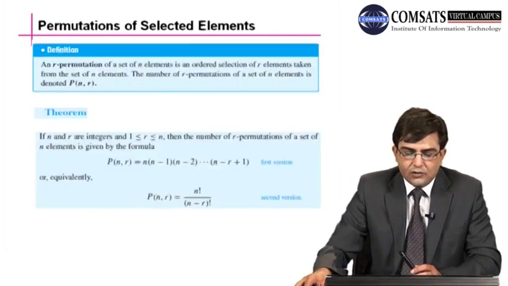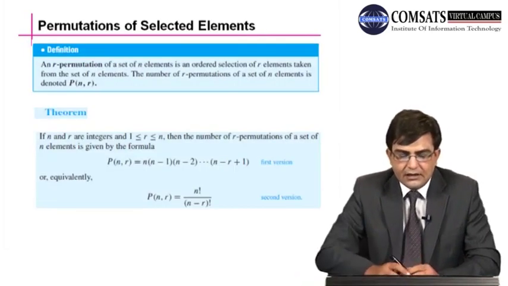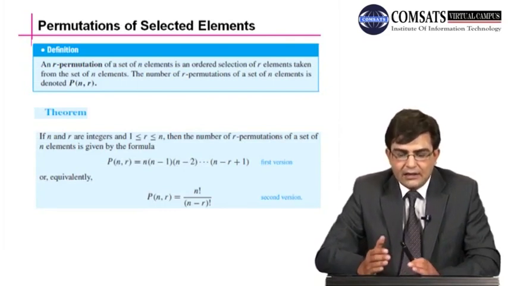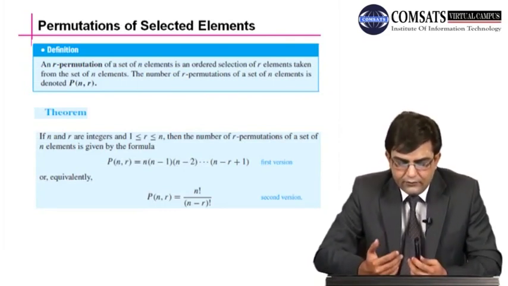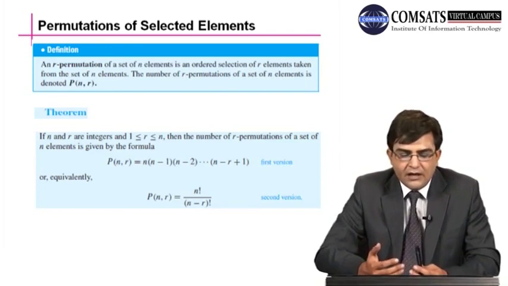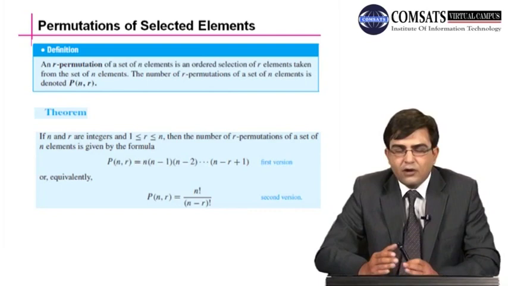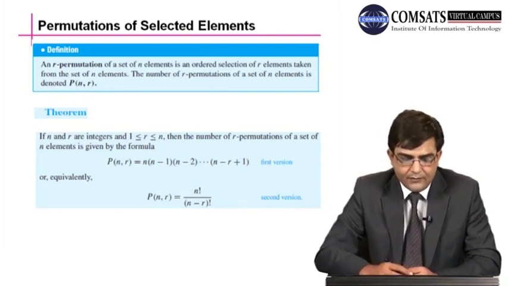Now we are going to discuss, from a set which contains n elements, how to calculate the number of permutations of r elements out of n. Then how can we deal with such type of problems?